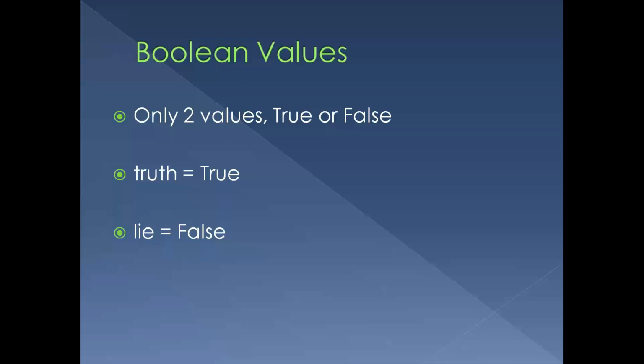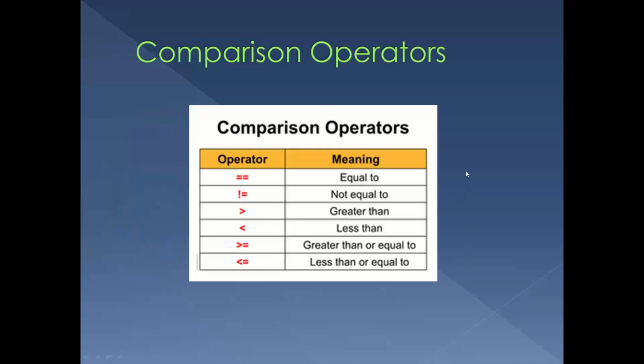All right. So Boolean values have two values, either true or false. Truth is true and a lie is false. So here are some comparison operators that we can use in developing our flow control. This is the equal, meaning is equal to.